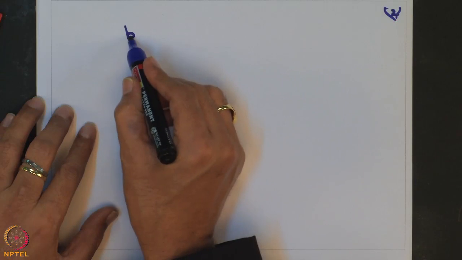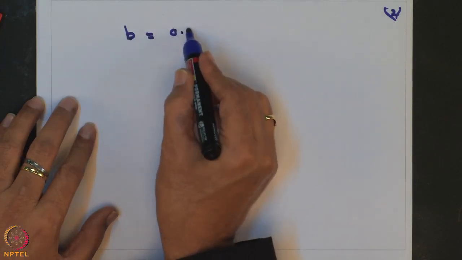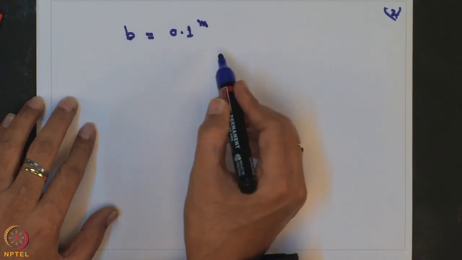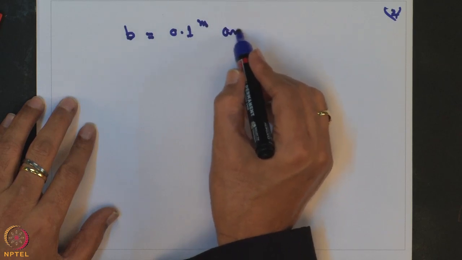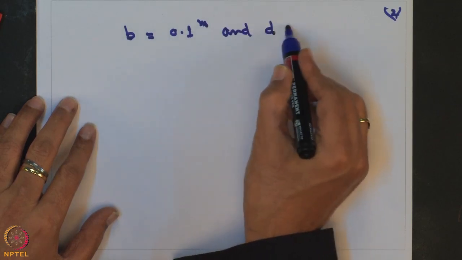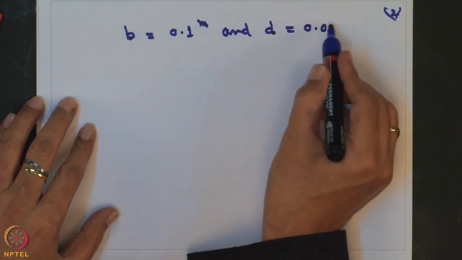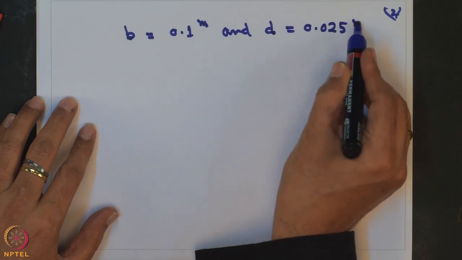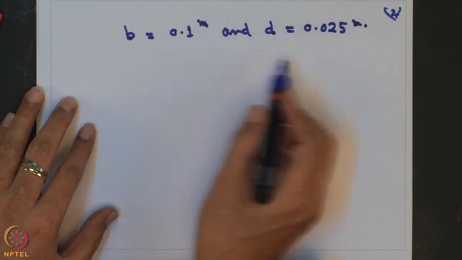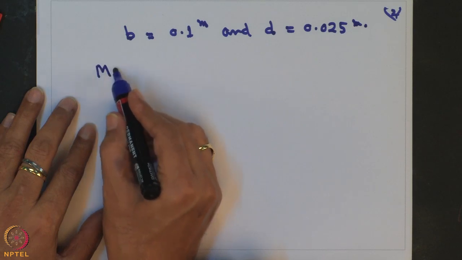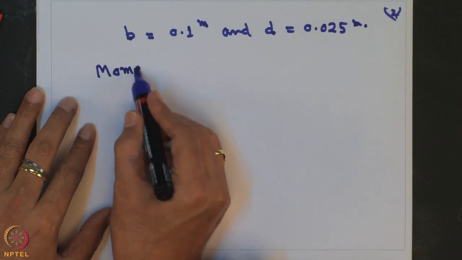Now, if B here is 0.1 meter and D is equal to 0.025 meter, you can calculate the moment of inertia.